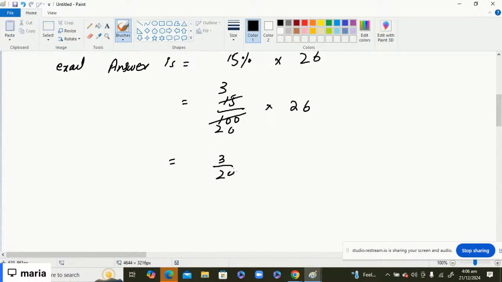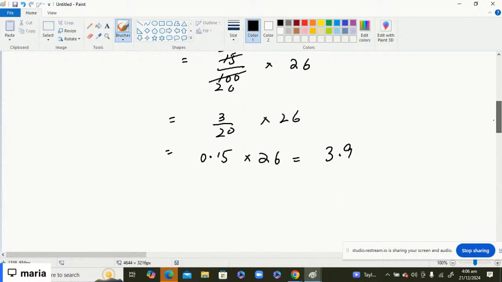This is 3 by 20 times 26. Now what is the answer of 3 by 20? Let's find it out. That is 0.15 times 26, and now simply multiply with 26, and in this way you get the answer 3.9. But when you round 3.9, it equals 4. So this is the estimation answer and this is the exact answer.